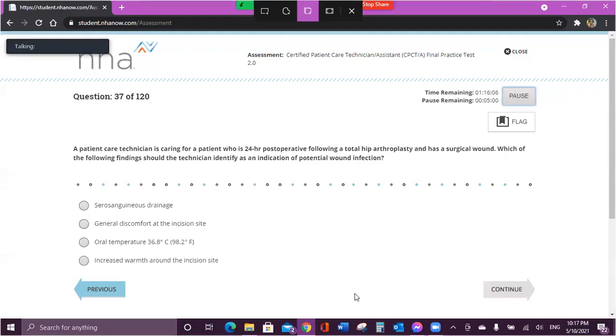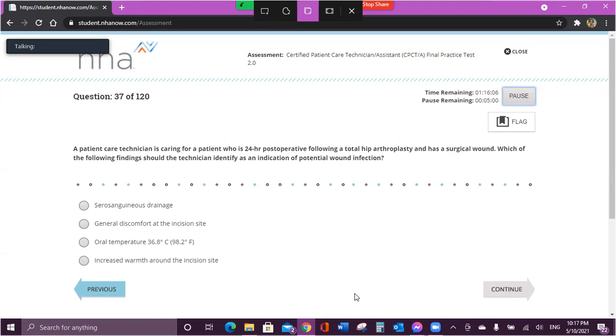A patient care technician is caring for a patient who is 24 hours post-operative following a total hip arthroplasty, o sea, le hicieron una operación en el hip, and has a surgical wound. Which of the following findings should the technician identify as an indication of potential wound infection?